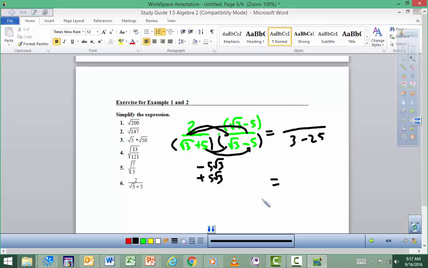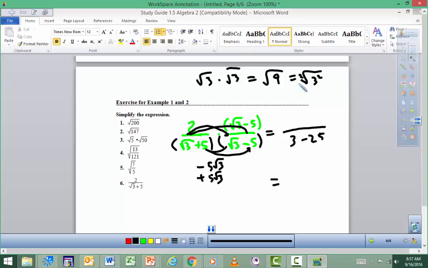Is the square root of 3 times the square root of 3 the square root of 9? Yes, the square root of 9, which is 3. I could show you that again. Square root of 3 times the square root of 3 is equal to the square root of 9, which is equal to the square root of 3 squared.